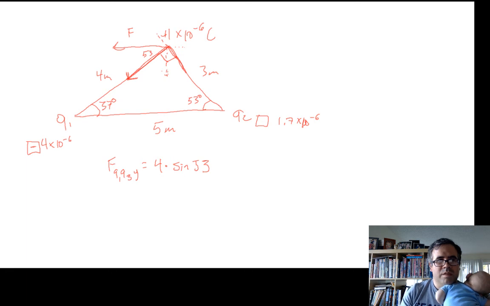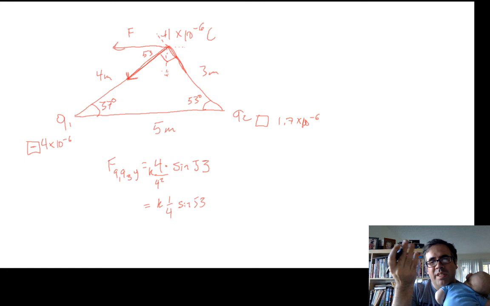For K, 1/4, so 53. Oh, I guess we could use that. That's a 3, 4, 5. Yeah, whichever.